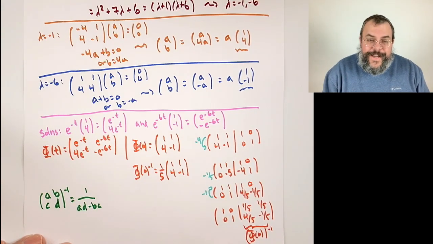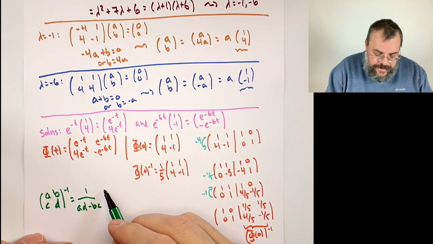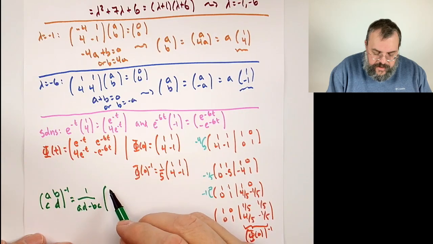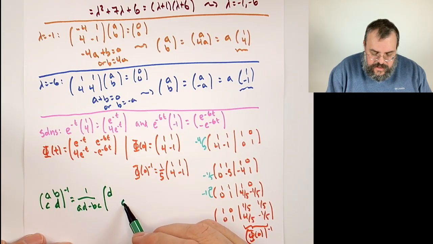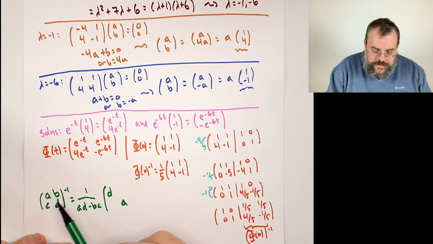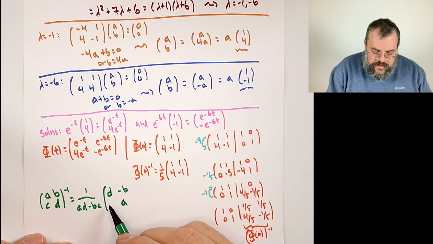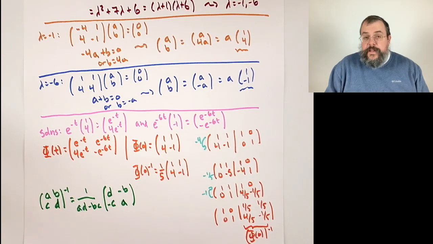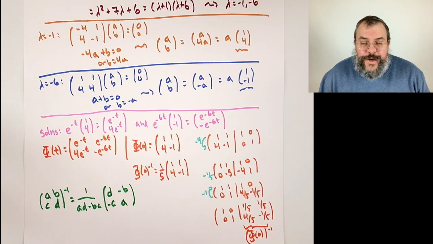So hey, good for you for recognizing that. And then what you do is you swap where A and D are. So D, A. And then you flip the signs for B and C, minus B and minus C. And that's it.